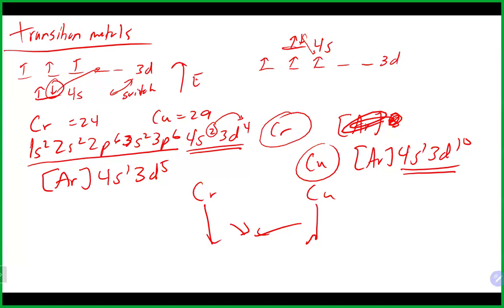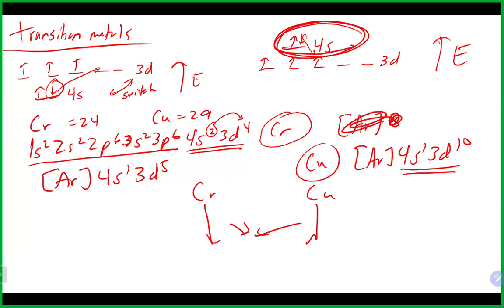Because of the switching that occurs, when transition metals go to lose electrons, they're going to take the higher energy electrons first. So the transition metals will actually lose the s electrons first.